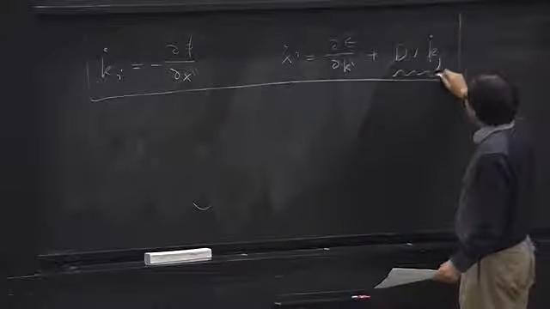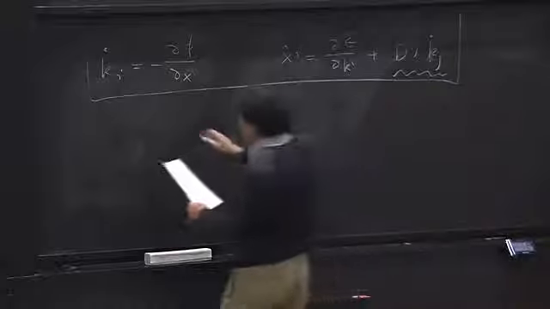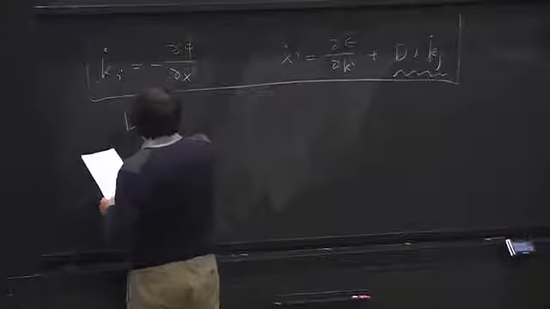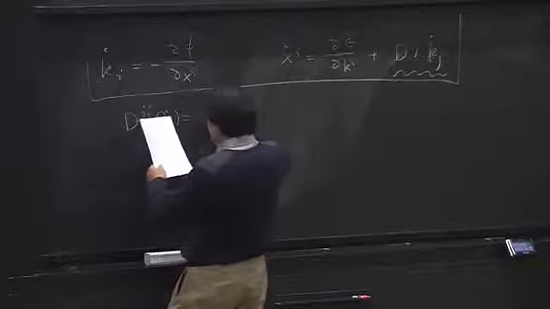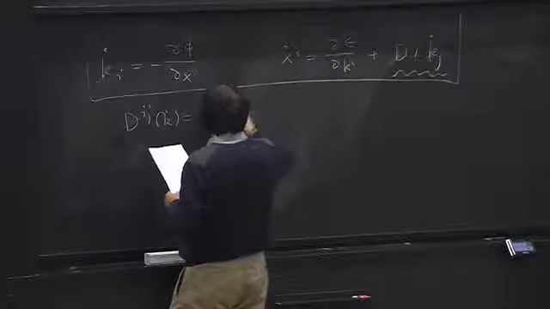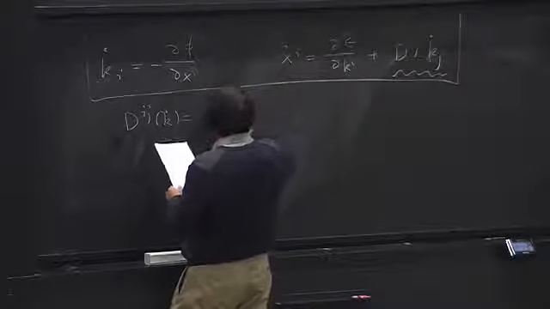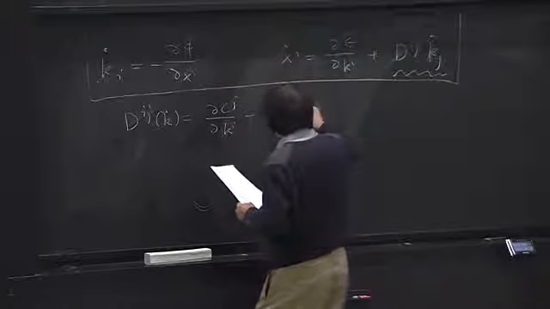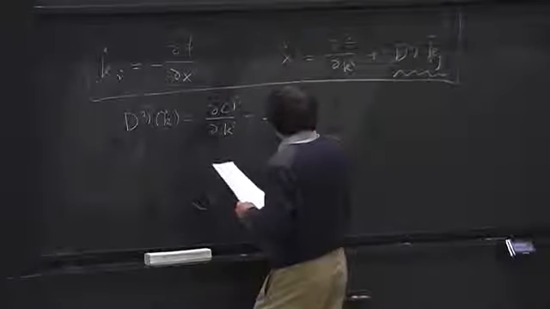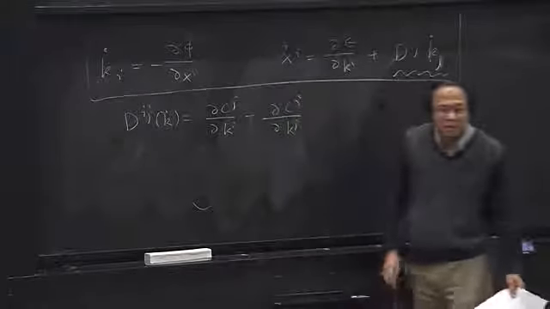And this is a new term, where this d_ij is a function of k, given by partial epsilon, partial c_j partial k_i minus partial c_i partial k_j.